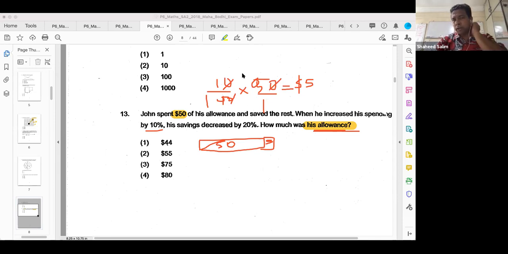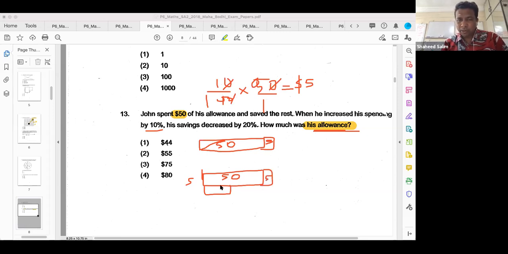Okay, so now I'm going to draw like that. This is now $50. So he spent. This one now we assume is his savings. Savings, bottom. Now, if he increases the $5 here, he takes the money from here.